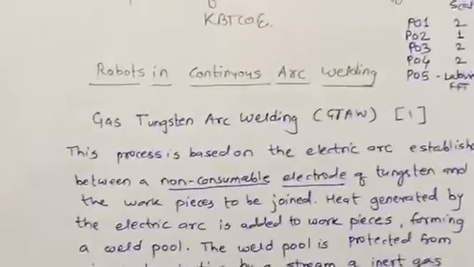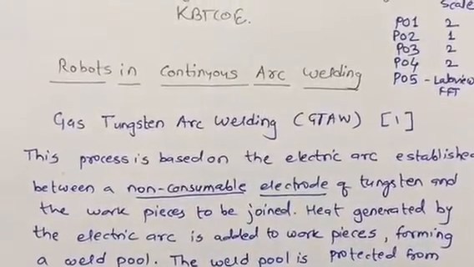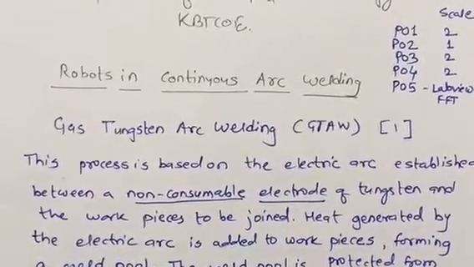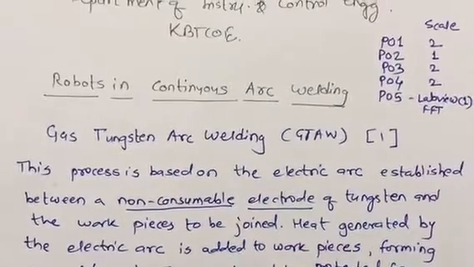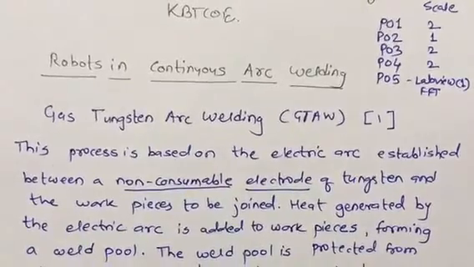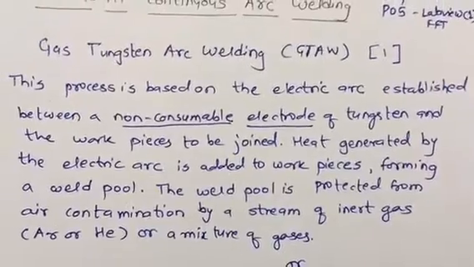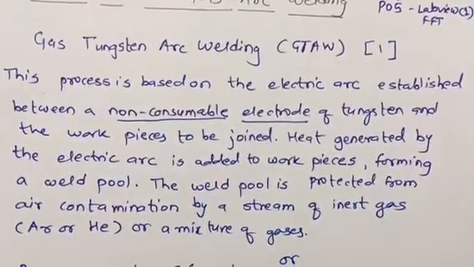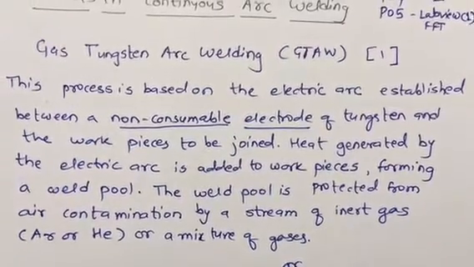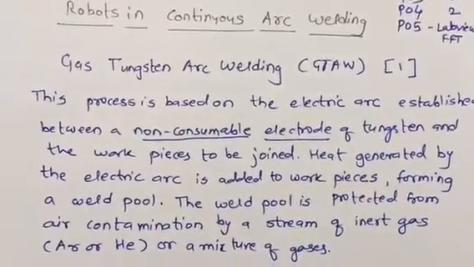Okay, let us come to the point now. So in case of continuous arc welding, we are looking at one of the types of continuous arc welding, that is gas tungsten arc welding. It is also called GTAW. It is taken from the book which is published by Springer, that is reference 1. This process is based on the electric arc established between a non-consumable electrode of tungsten and the workpieces to be joined.